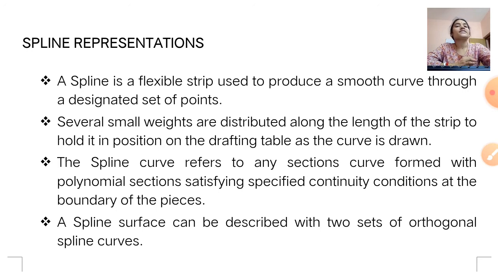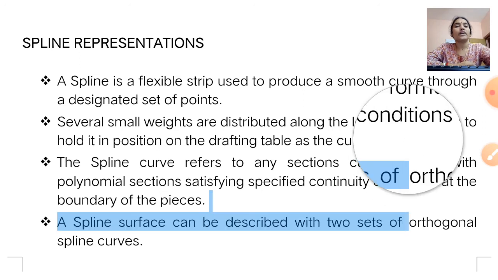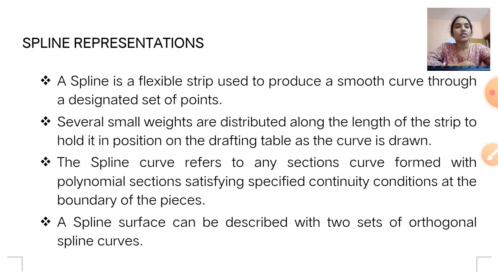The spline curve refers to any sectioned curve formed with polynomial sections satisfying specified continuity conditions at the boundaries of the pieces. That means it refers to the different curved sections formed with polynomial pieces that satisfy the continuity condition at the boundary of the curve.